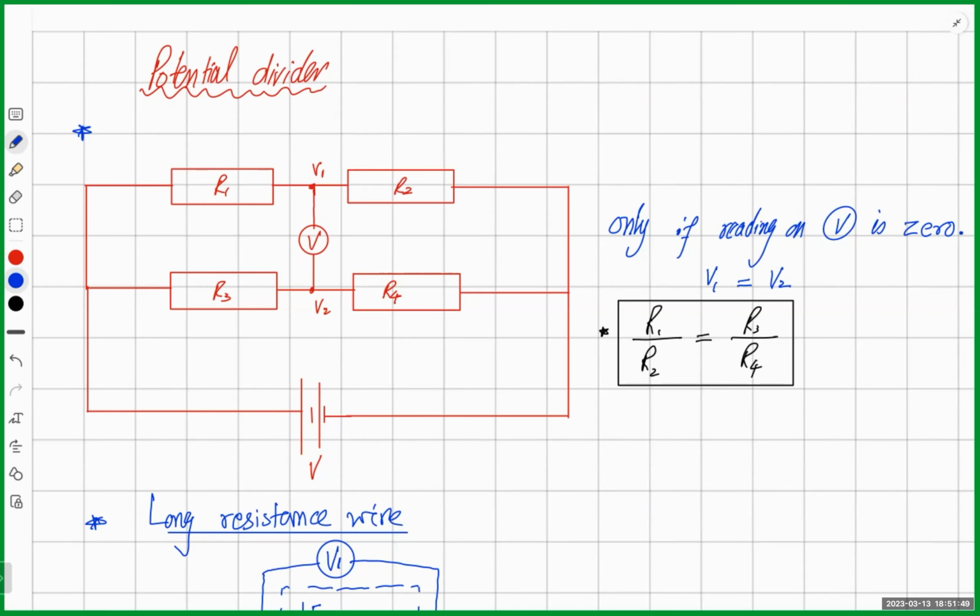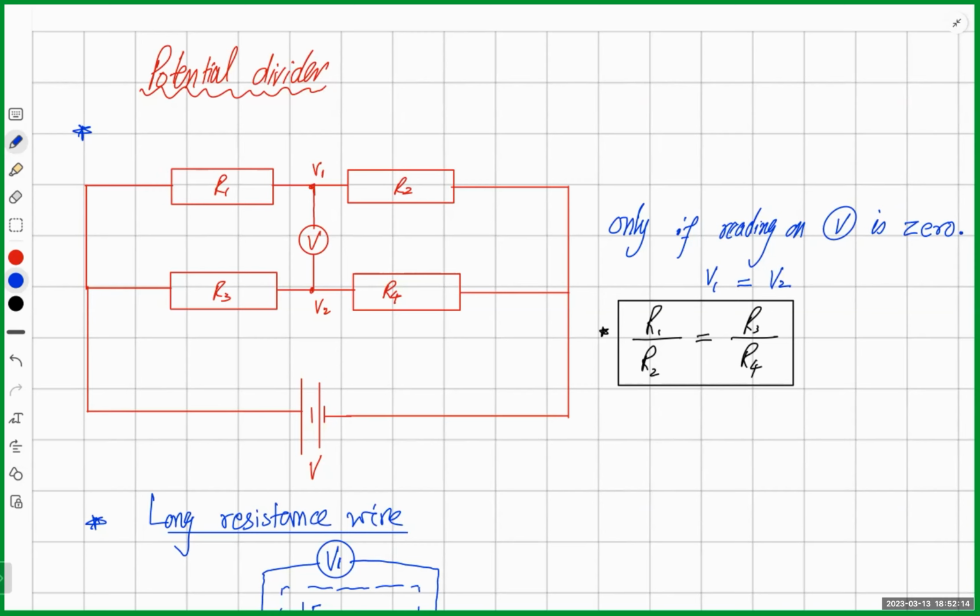If this voltmeter reads 0, if there is no potential difference between V1 and V2, the normal mind says that it can only be possible if R1 is the same as R3 and R2 is the same as R4. But that is not true. If they were the same, yes, there would be no reading on the voltmeter. But the thing that has to be the same in this case is the ratio.